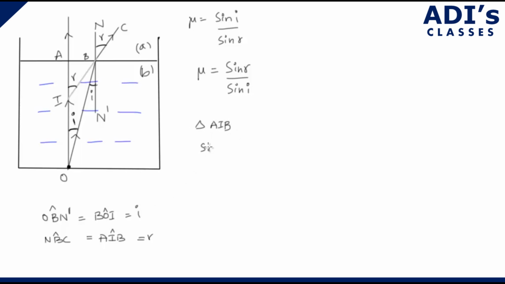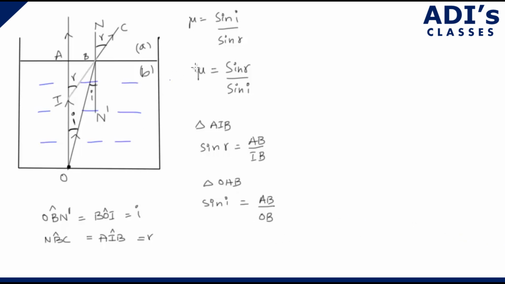To find sine R, we take triangle AIB. In triangle AIB, sine R will be AB divided by IB. Then in triangle OAB, sine I will be AB divided by OB.